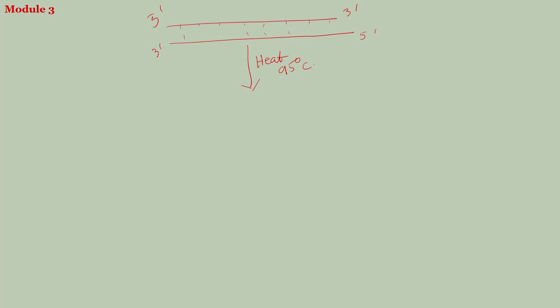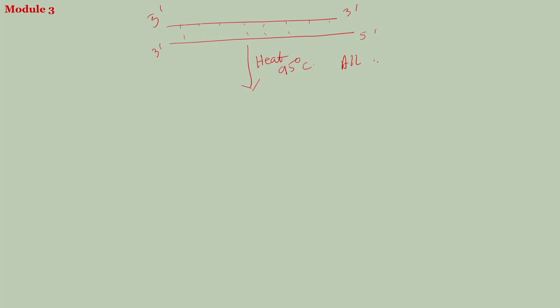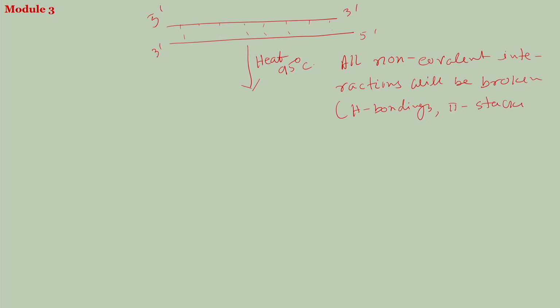If you heat your DNA at 95 degrees Celsius, what is going to happen? It is going to break all your non-covalent interactions. So, at this stage, they will be broken, which includes hydrogen bondings, pi stacking and all.